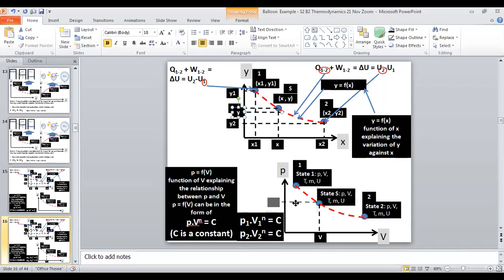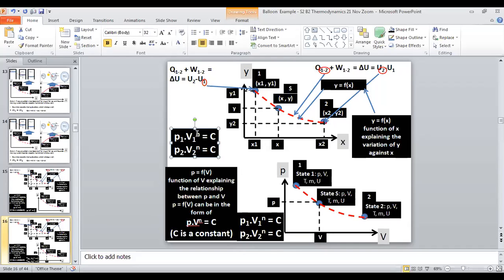This is your general P value. And for any general PV values, PV to the power n is a constant.